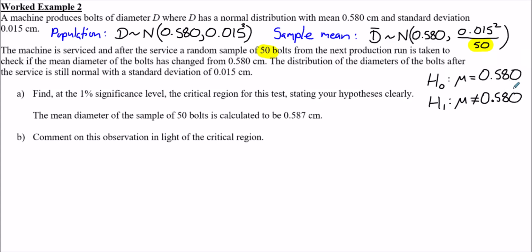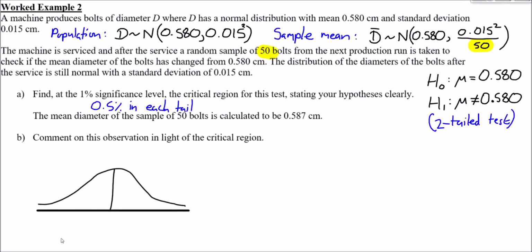And again, what we can do here is sketch out this curve to get a better picture of what's going on. So again, we're going to assume it's 0.580. And I'm wanting here 0.5% in each tail.